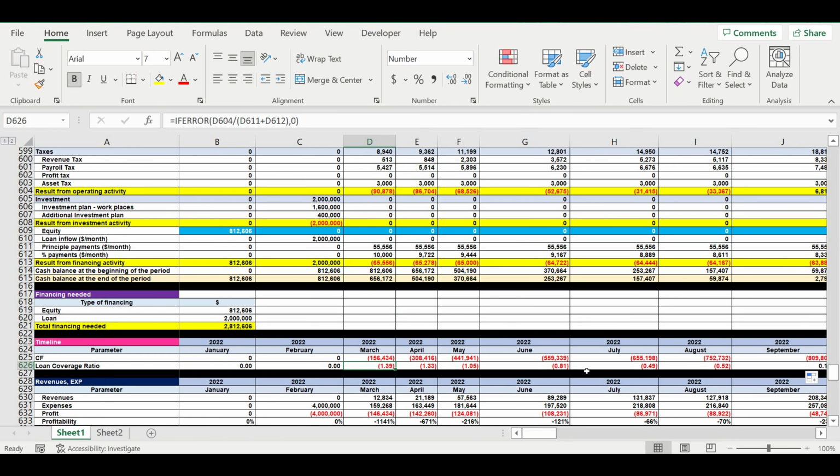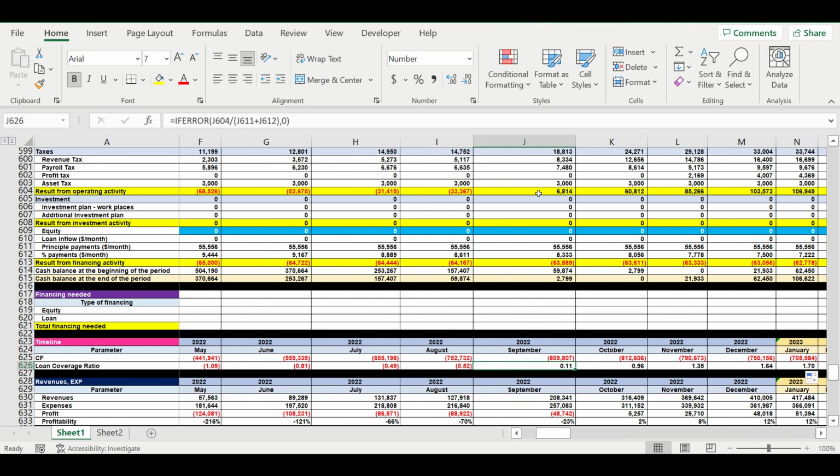But what is interesting, when the operating profit gets positive like this, the loan coverage ratio will still be less than 1. The rule for the loan coverage ratio is: the bigger the loan coverage ratio, the better your business idea works with your loan, and the easier it is for you to pay interest to the bank.